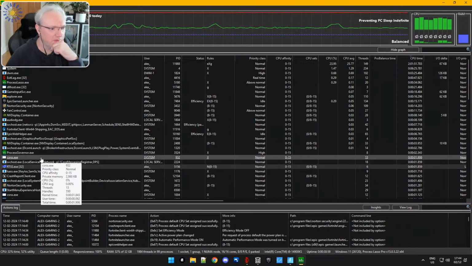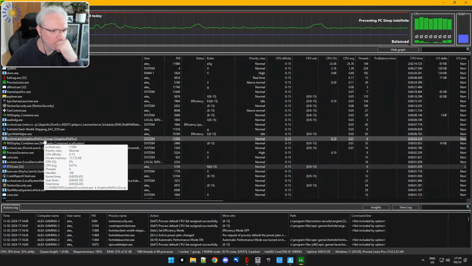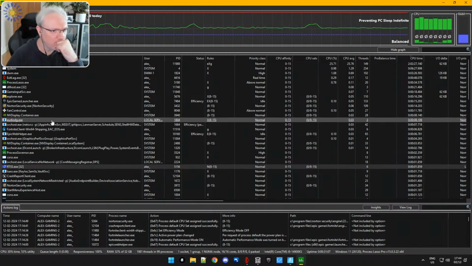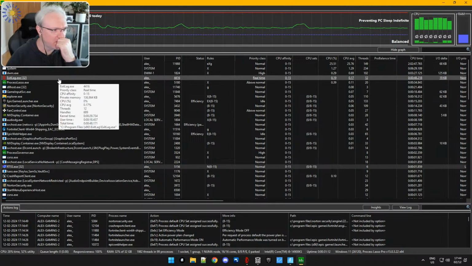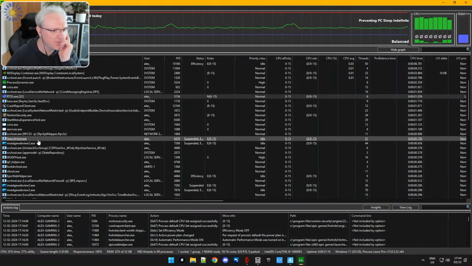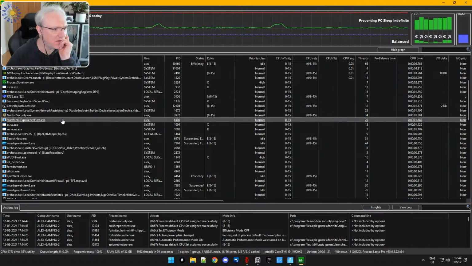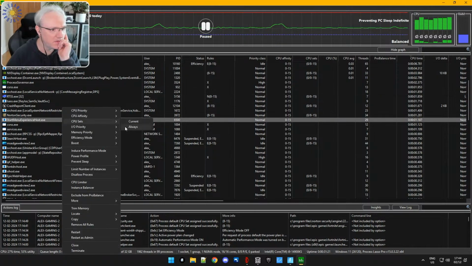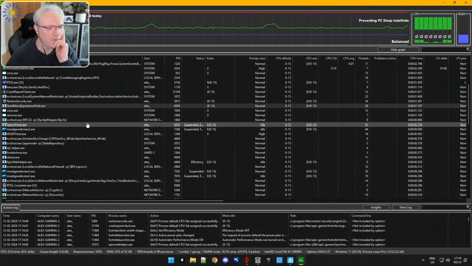Don't want that on eCores, that's a runtime thing. Definitely don't want that one. Definitely don't want that one. Oh, do I want? No, I don't want that one. Start menu service, probably put that on eCores. Oh, we're going down a rabbit hole here, aren't we?